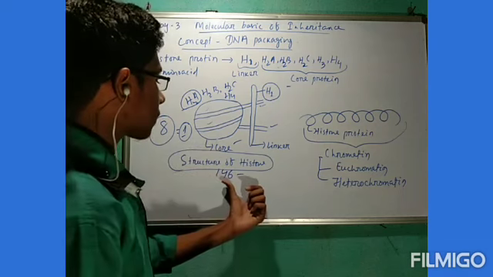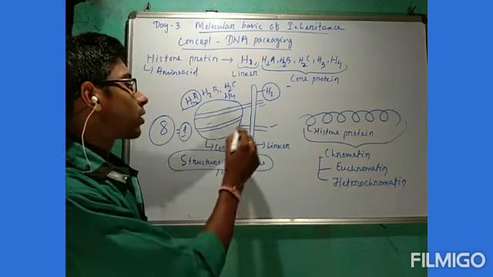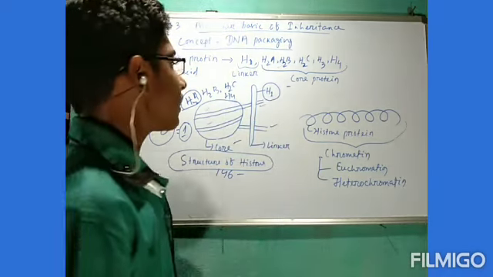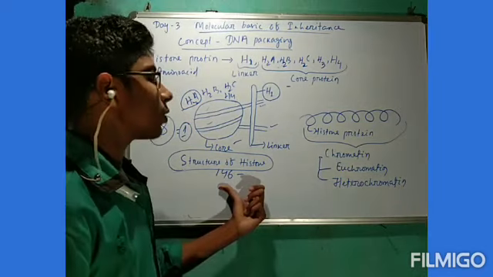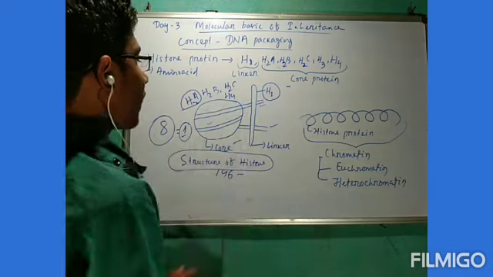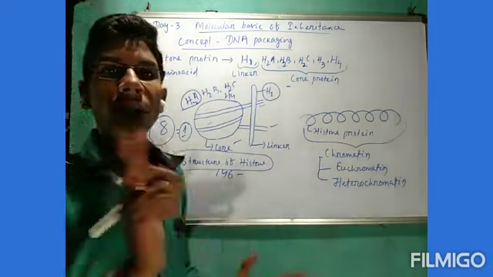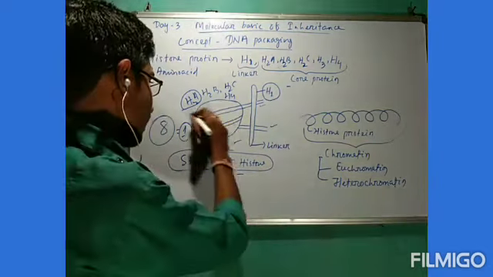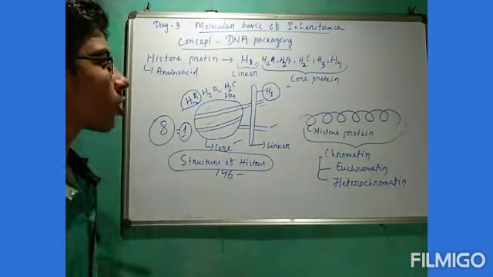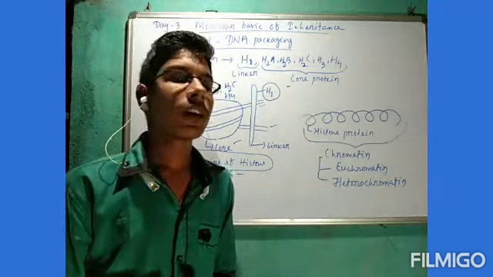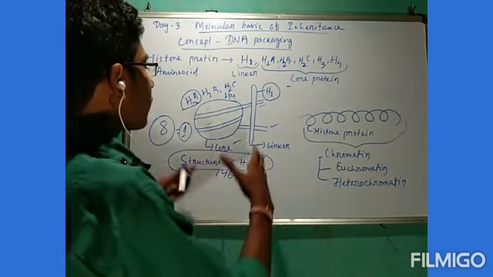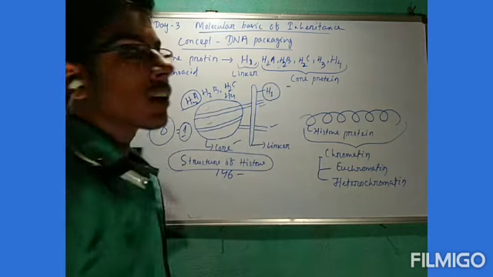So in packaging, 146 DNA base pairs are used, and in one cycle 20 base pairs are used. This type of question comes in the exam. This part is most important, so that was the concept about histone protein.